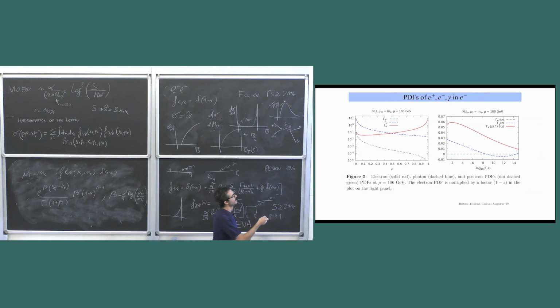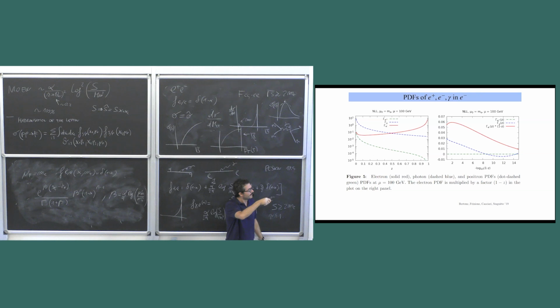So, for example, this is the PDF of the electron in the electron. It's peaked here, it's going down for very small x, and then it's going up again. Why? Because when you go to very small x, you have the photon instead that is growing. But if the photon is growing, it means that in principle the photon can split into an electron and a positron.